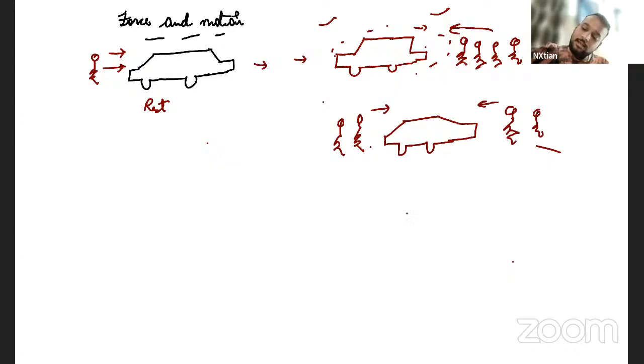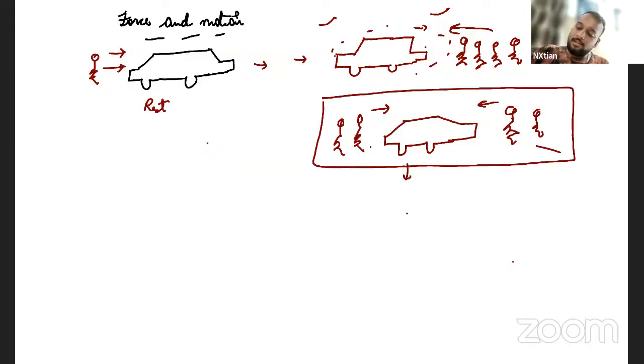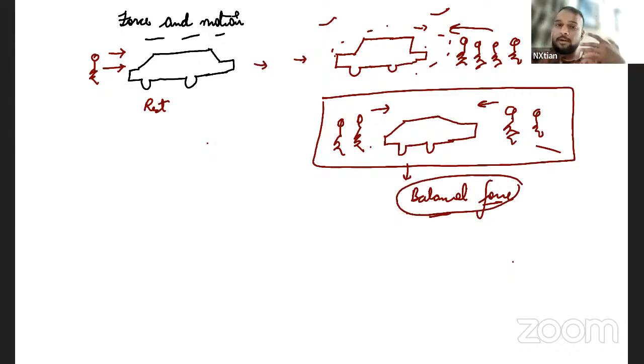So this is called balanced force. What force is it called? It is called balanced force. What is balanced force? When an equal amount of force is applied from opposite directions, it is called balanced force. Understood? Now, what is the result of balanced force? The car which is at rest remains at rest.